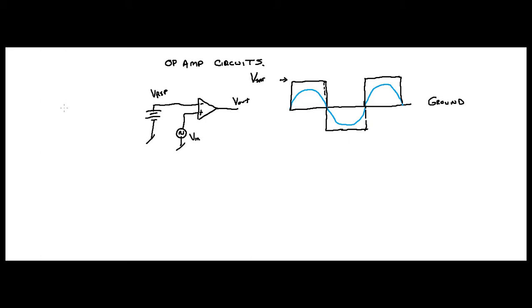So this V reference can be created in many different ways, but let's just look at it with a battery, okay? So at this point, let's redraw the ground. Here's your ground. I'm going to draw your V reference here. This is V ref. This is ground.